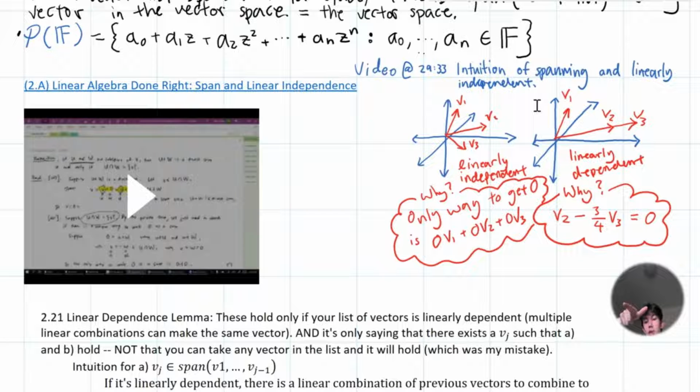You can make the 0 vector 2 ways, by having 0 of x and 0 of everything else, so all zeros, or you could have 0 of x and y and then minus y.